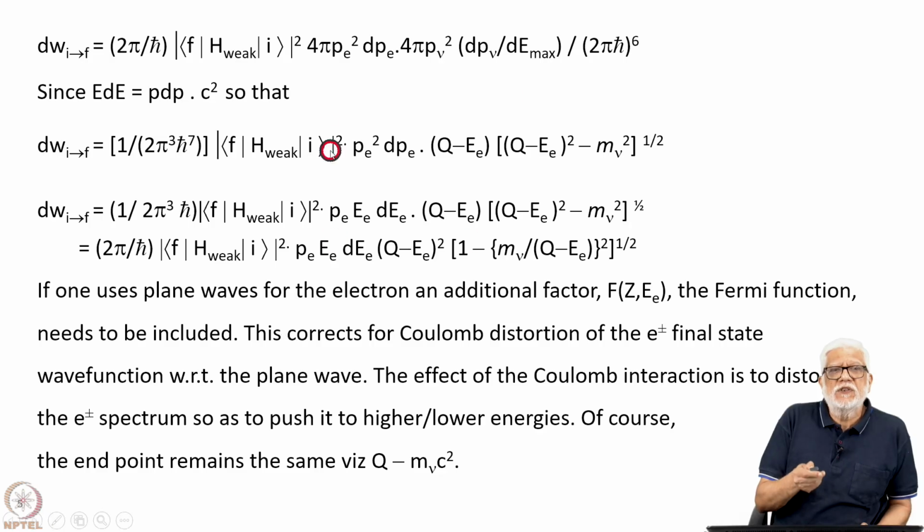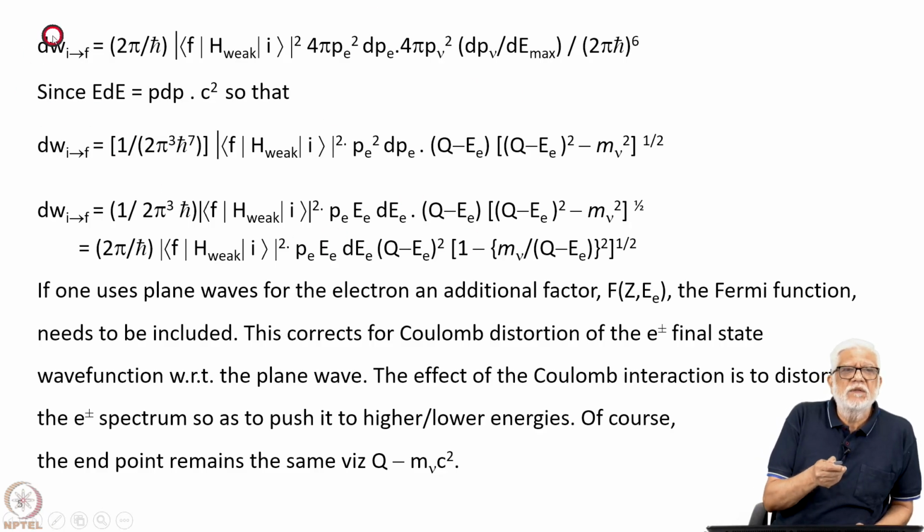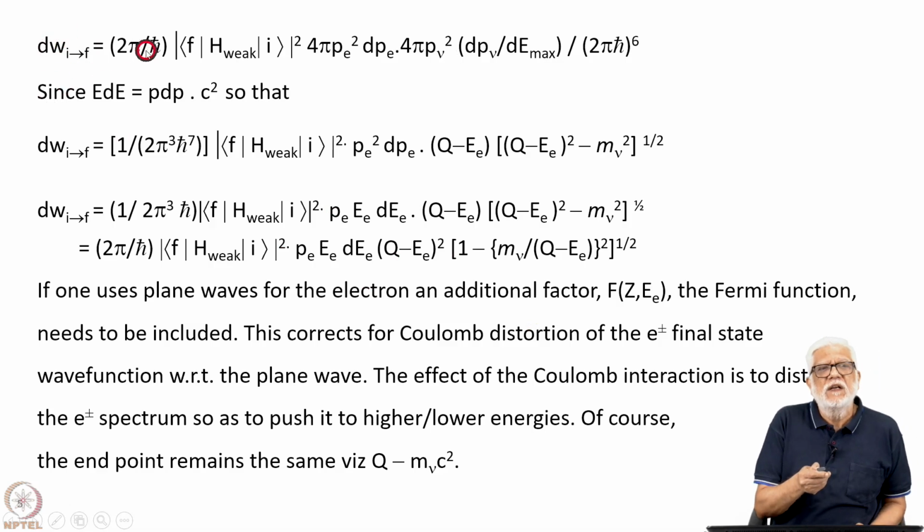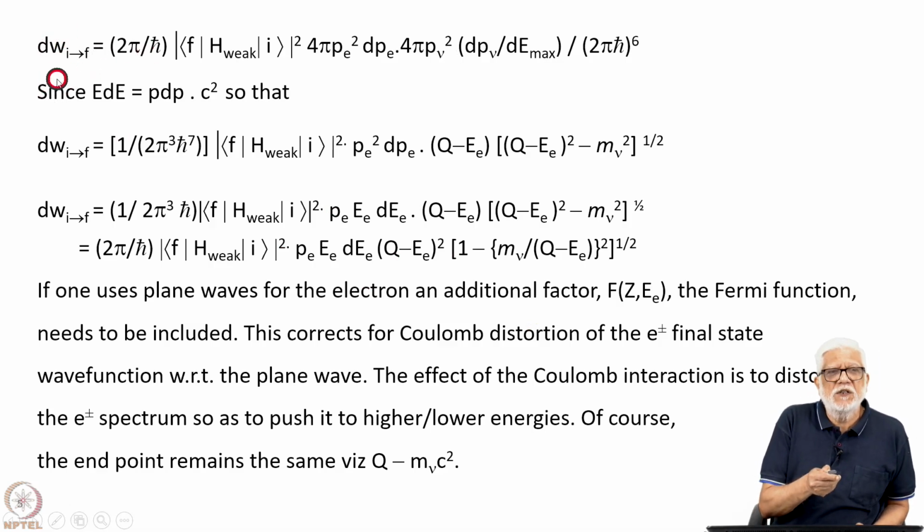So this can be the probability for decay, or the decay rate dW_i from initial state to final state, can be written down as a matrix element of the weak Hamiltonian between the initial and final state with phase space factors, and you can go through this algebra.